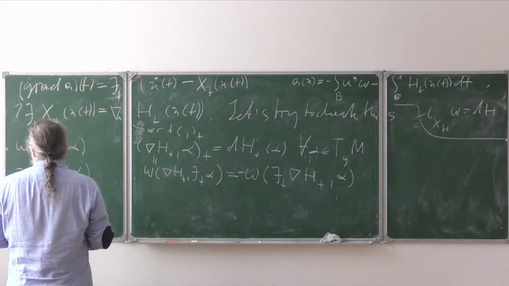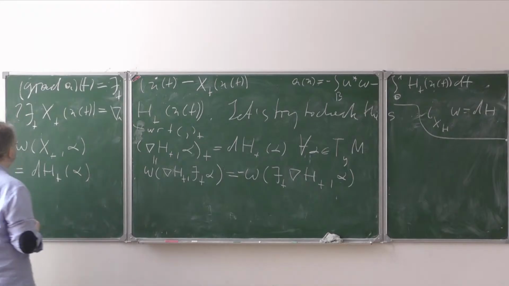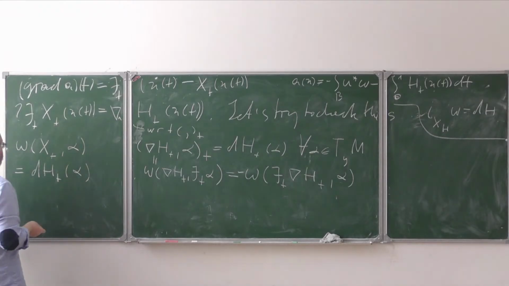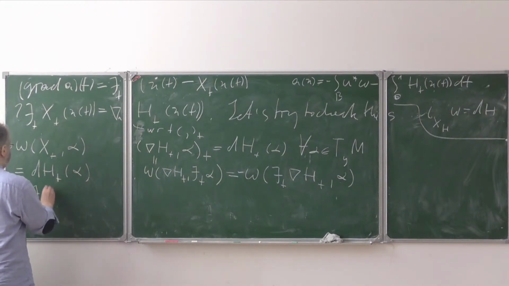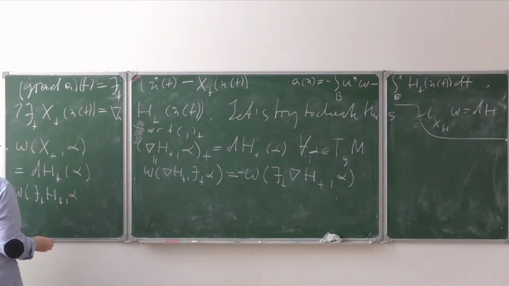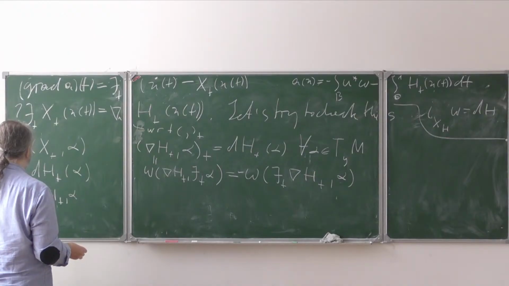Okay, now what happens if I take omega of J_t h_t, alpha?